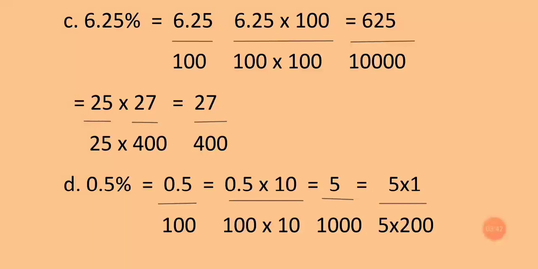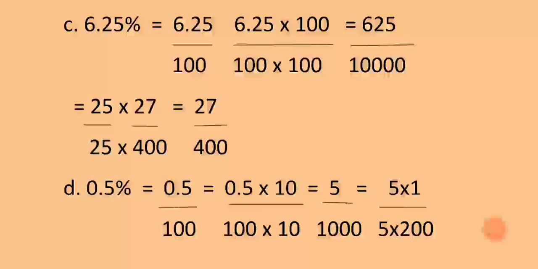But because 6.25 is in decimal form, and we want to take away the decimal point, taking the 6.25 to a whole number, we count the number of digits after the decimal point.